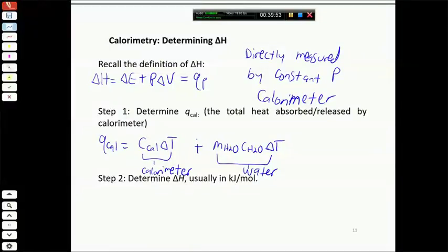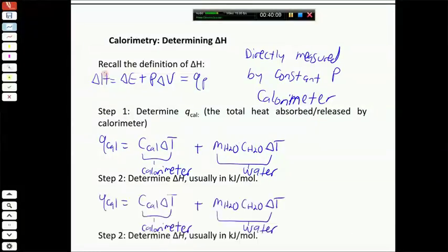The delta T for both of these will always be the same because the calorimeter and the water are temperature equilibrated, but in some cases you have to know the individual heat capacities of the calorimeter as well as the amount of water that's in there. So both of those terms could go into calculating heat for the calorimeter. We already learned how to do that.